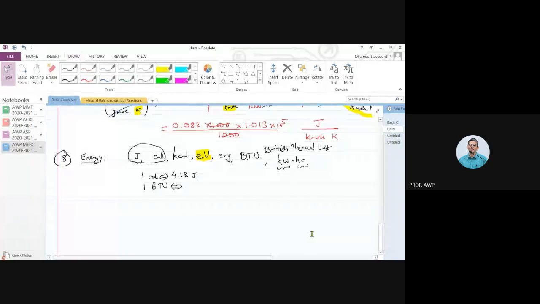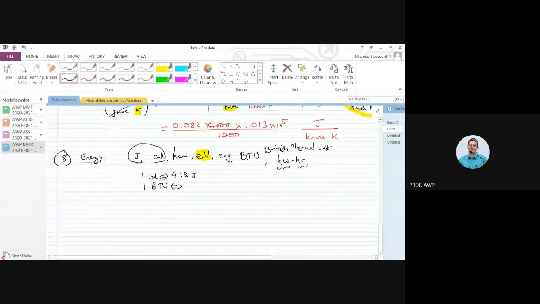BTU, anybody knows? It's 252 calories. Anyway, we don't use BTU that often unless you are referring to some really old books.